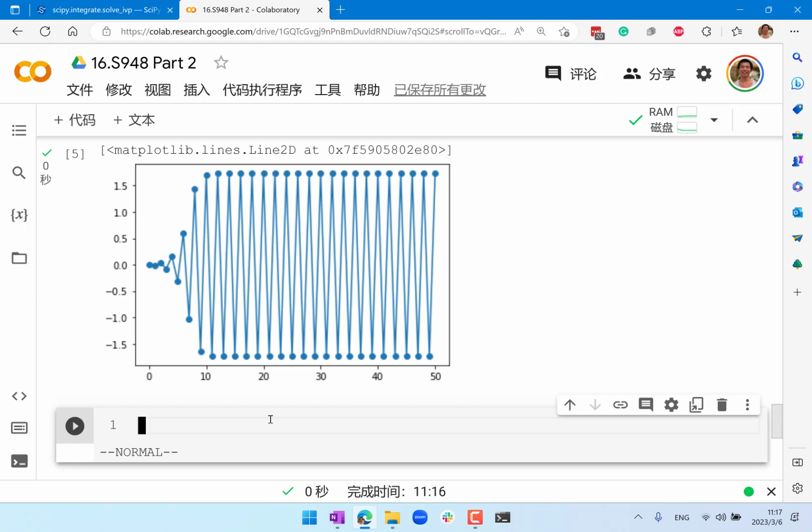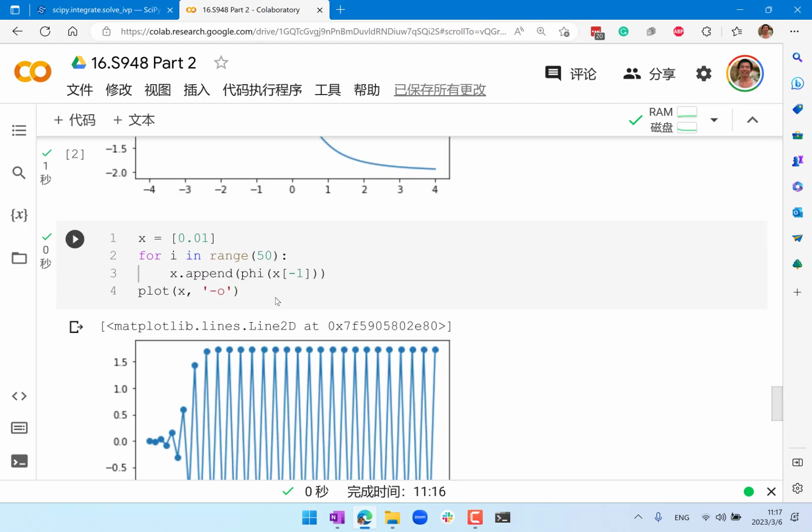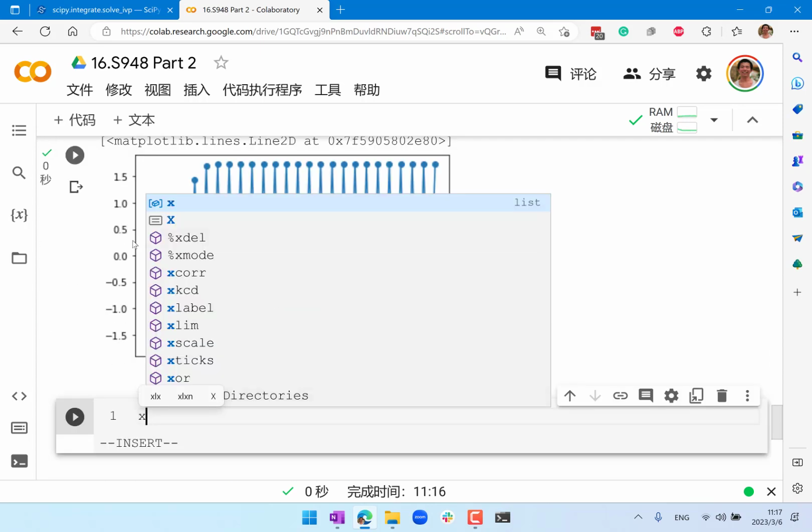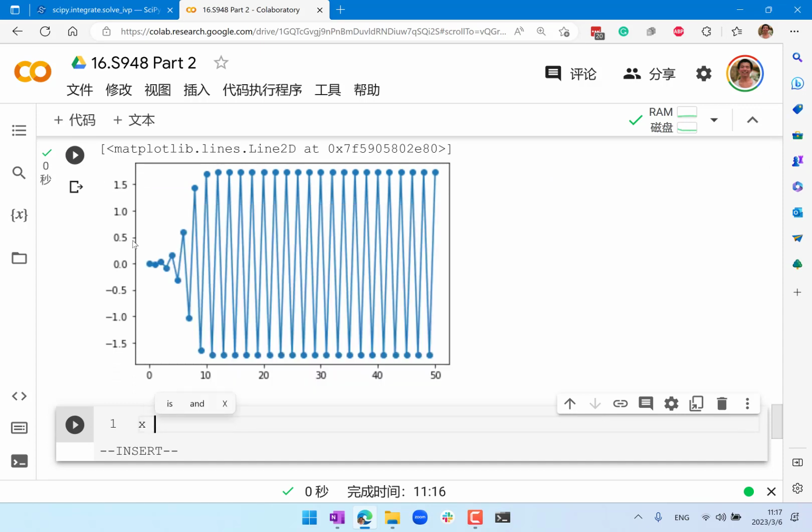So let's make an initial perturbation. We are going to make x equal to, again, 0.01, but plus a very small imaginary number. Let's say 1e-100 j.